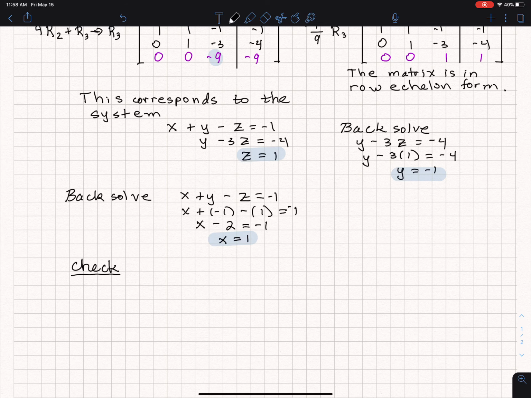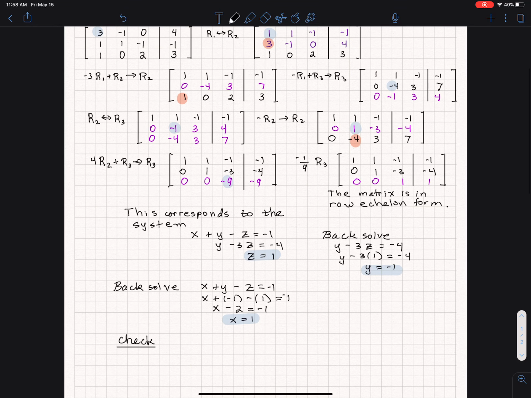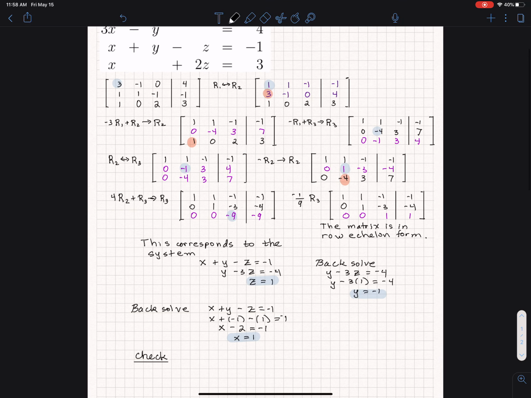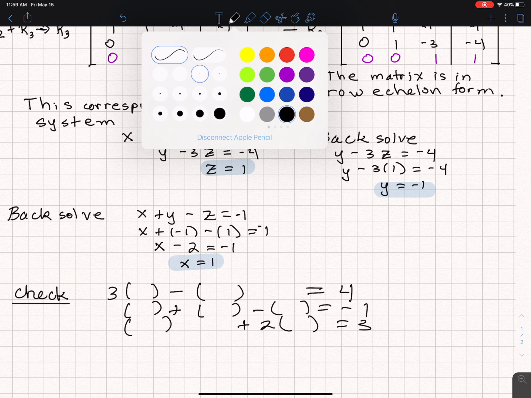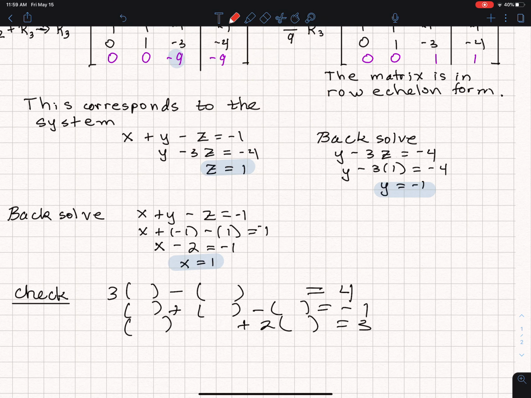And what we do when we check is we go back to the original equation, which is way up here, and I'm going to put in the places of x, y, and z blank spaces, and in those blank spaces I'm going to insert those coordinates that we found. 1 is for x, for y is negative 1, and for z is 1.